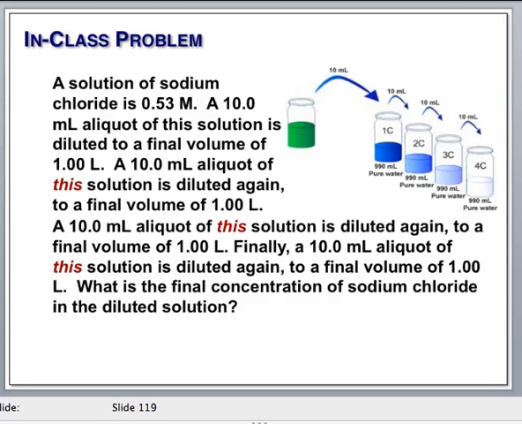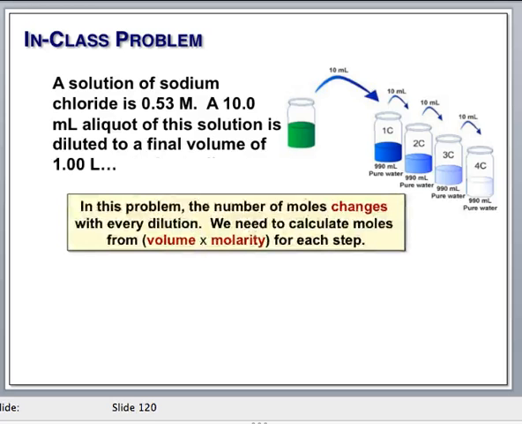If we know how many moles and we know its volume, which is going to be 1 liter, then we know a concentration. Now again, we pull out 10 mL into 1 liter. Calculate its concentration. Do it again, and do it again. Let's see how this works.